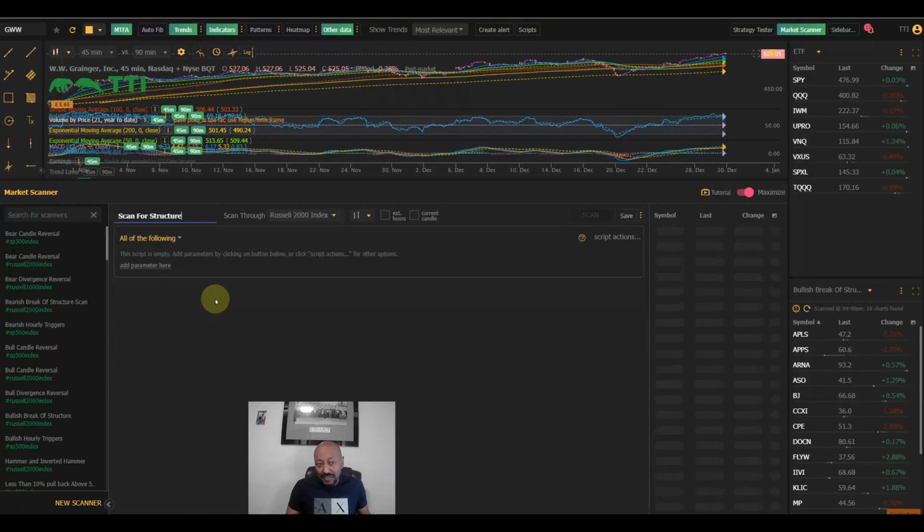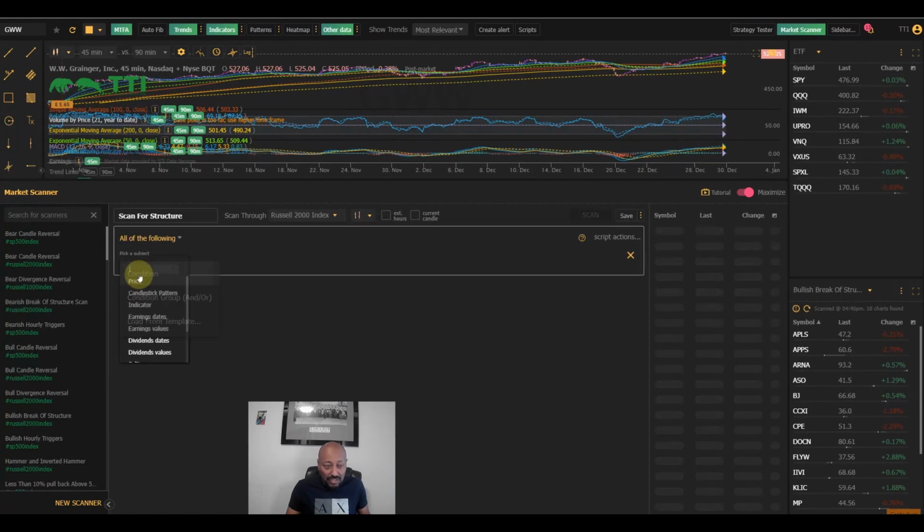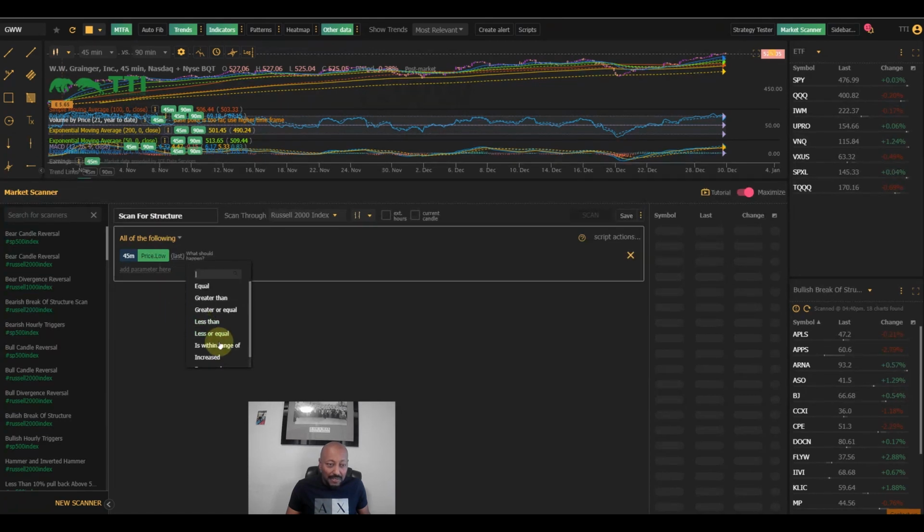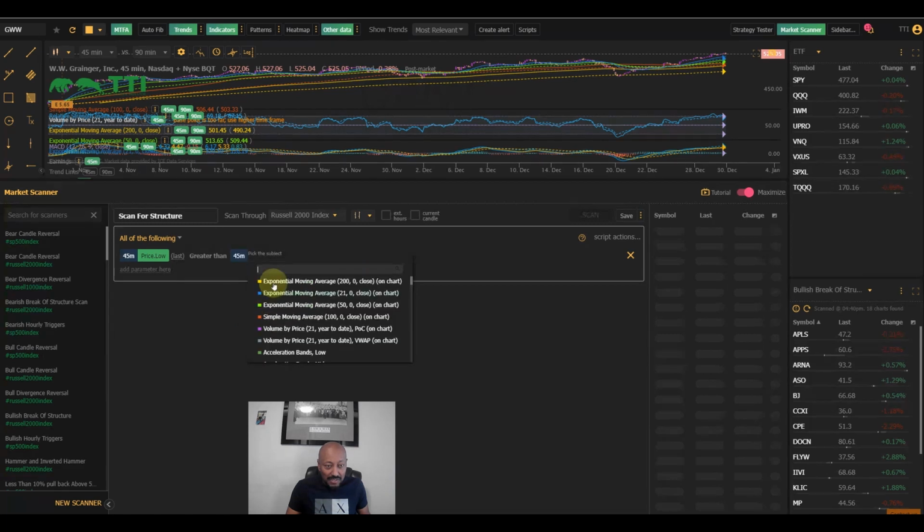And then now we need to add some parameters. You can add all of the following, none of the following, or any of the following. In this case, I'm going to add all of the following. And the condition is I want price in the 45 minutes, because that's the time frame I'm looking for, low to be greater than, and then I'll use an indicator for that same 45 minutes, and I call it range.